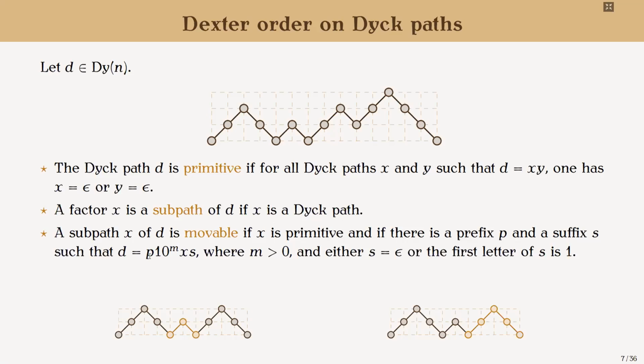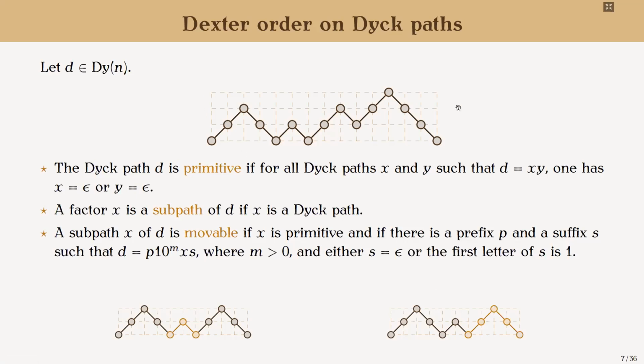And we say that a subpath X is movable if it is primitive and our Dyck path D can be expressed with X here, with this kind of expression where P and S are a prefix and a suffix, and where we have two conditions on S. Either S is a trivial path, or it has to start with an up step.